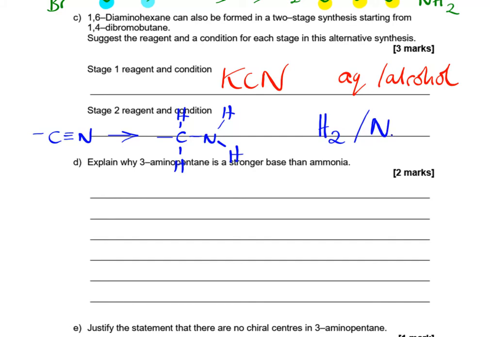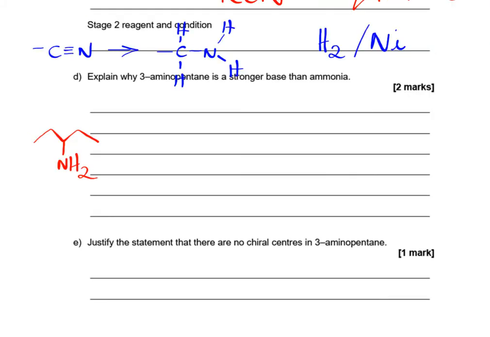The comparing base strength question. So 3-aminopentane, as we can see. We've got this sort of large alkyl group attached to the nitrogen, and this will direct electron density towards the nitrogen, which will make the lone pair more available.